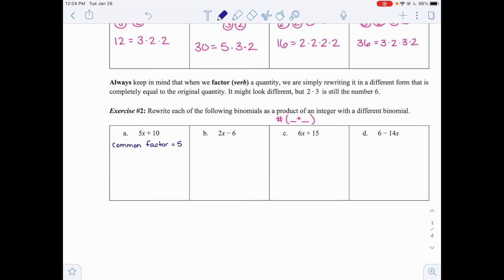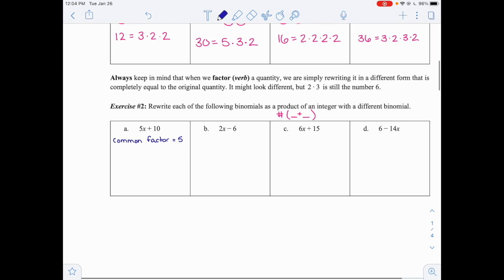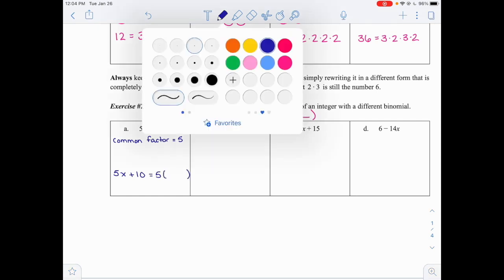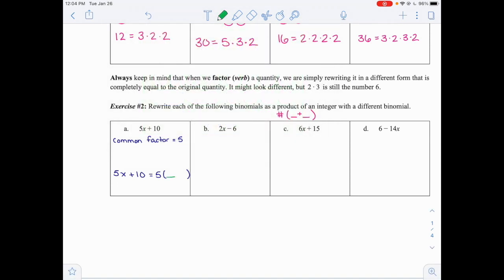That's really important when we factor: no decimals or fractions, only whole numbers. So we're going to look at this and say 5x plus 10 is going to become 5 times some binomial. And I need to figure out what this binomial is going to be made up of.